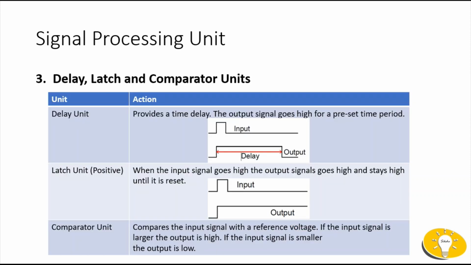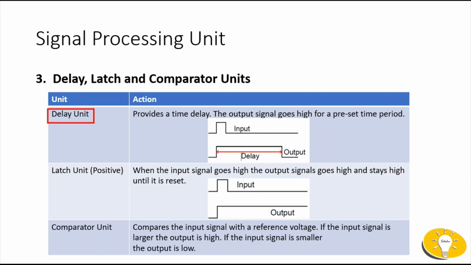Now, coming back to the signal processing unit, there are a few more types of processing units like delay, latch and comparator units. The delay unit, as its name suggests, introduces a delay into the signal, which is of predetermined duration, a fixed duration.